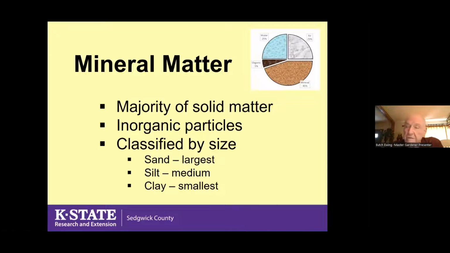Now, mineral matter basically is the non-organic particles that have been developed over millions of years, where a weathering process has broken down a parent material, usually some kind of rock, either sandstone or limestone or another form of rock, that breaks down over a very long period of time into smaller and smaller and smaller particles until we end up with basically 3 different kinds of particles in our soil. That's sand, silt, and clay.